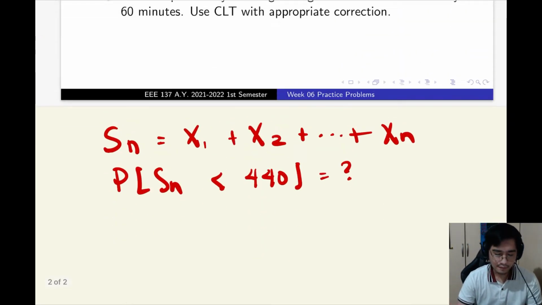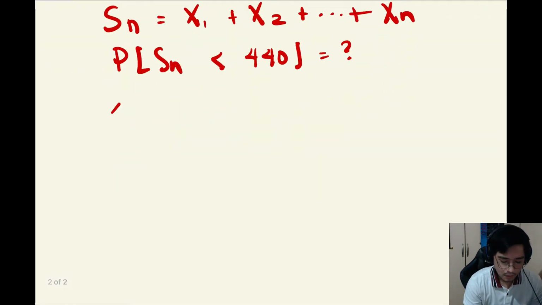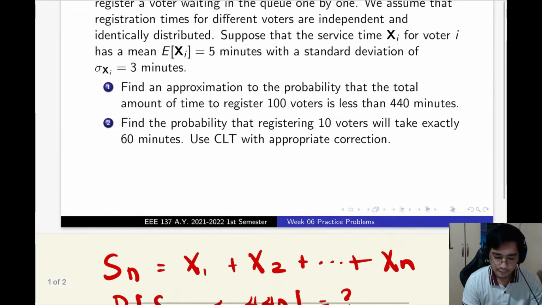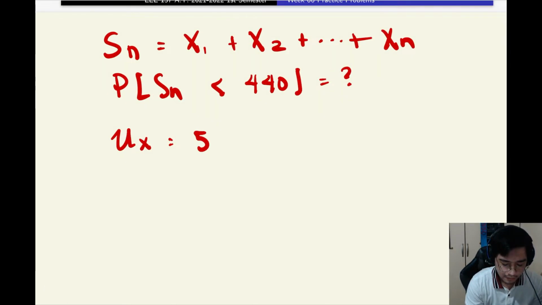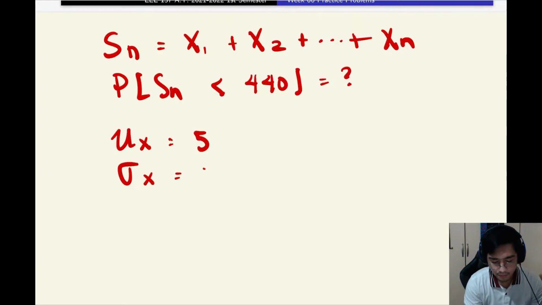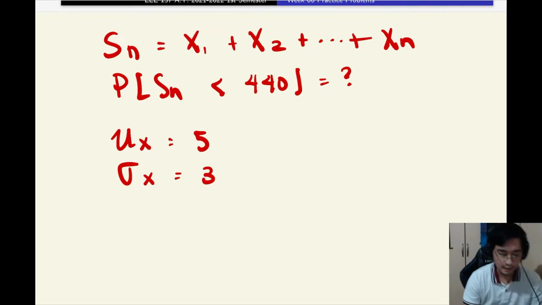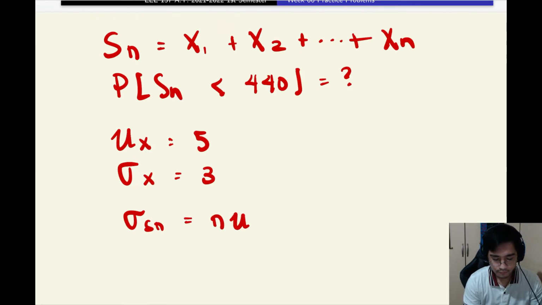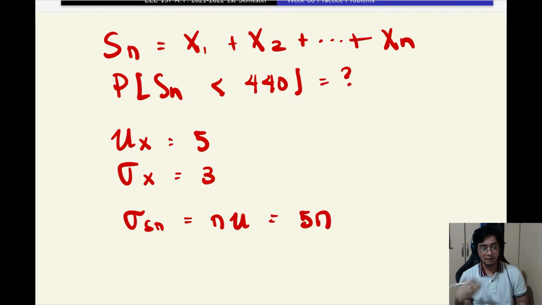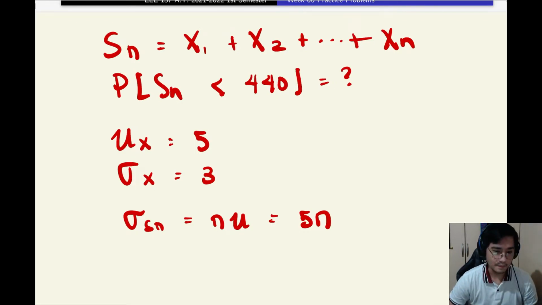First, the mean of a single random variable, mu, is equal to 5, and the standard deviation of a single random variable, sigma_X, is equal to 3. By the central limit theorem, the mean of the sum is equal to n times mu, so this is 5n, depending on the number of random variables or voters.